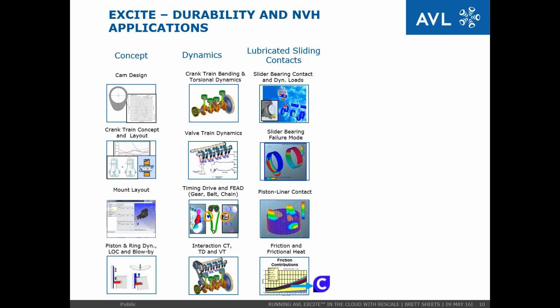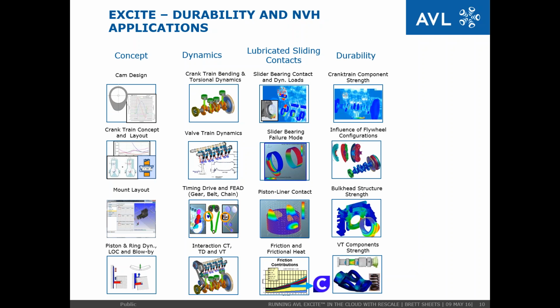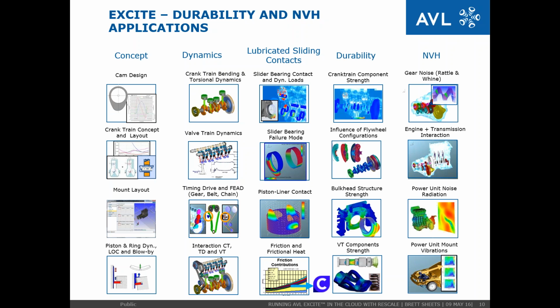And a hot topic these days is also friction for fuel consumption, and this is also linked to our vehicle simulation Cruise. Durability from a strength analysis point of view for various components, and as I mentioned, NVH for transmissions and drive lines.